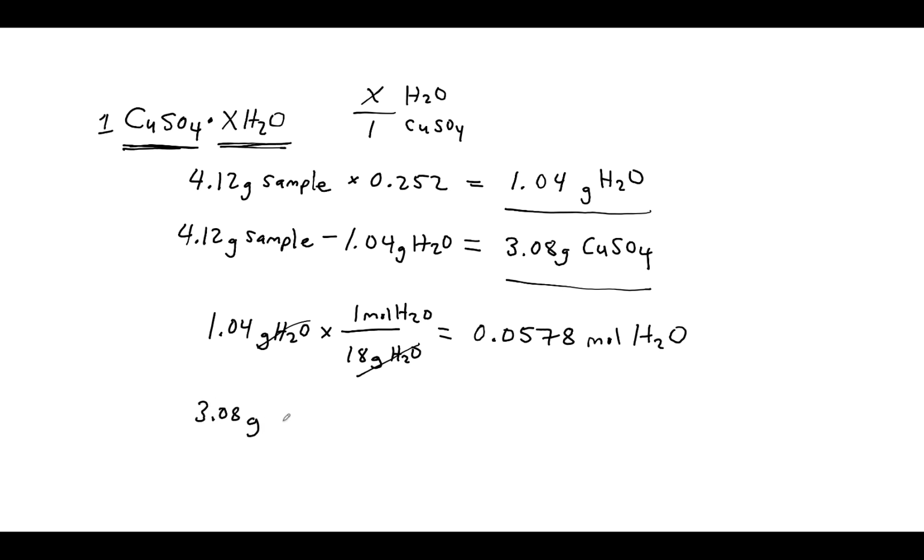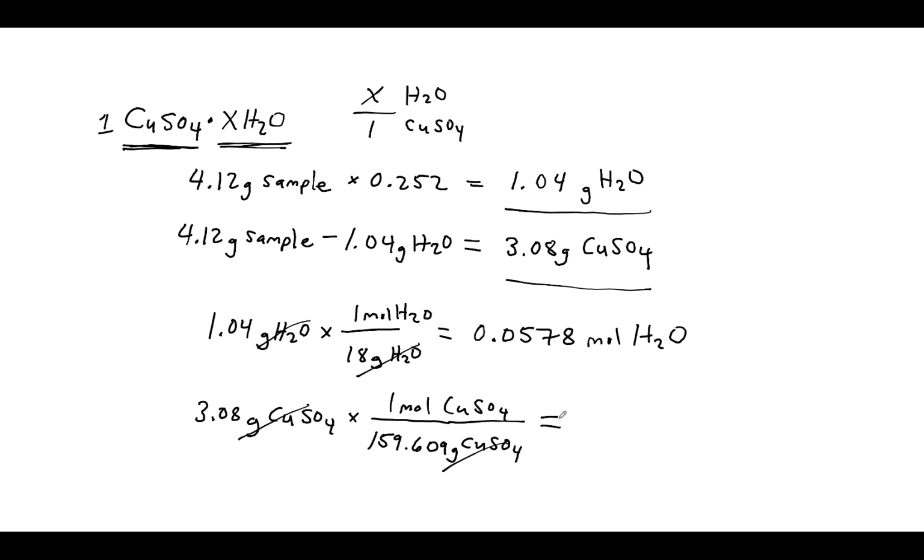So let's do the same thing with our copper sulfate. 3.08 grams of copper sulfate. And the molar mass of this, if you look it up, is about 159.609 grams copper sulfate in 1 mole of the copper sulfate. Okay. And what this gives us is 3.08 divided by 159.609.